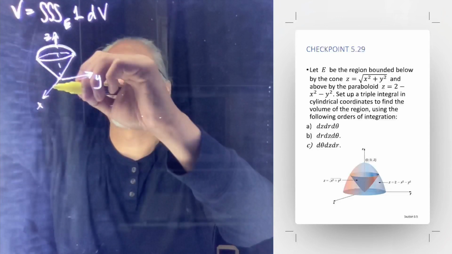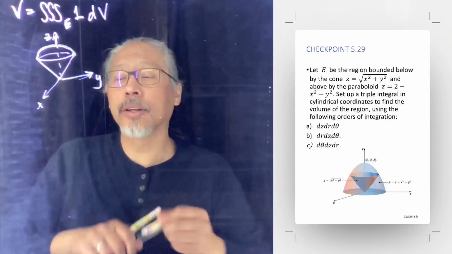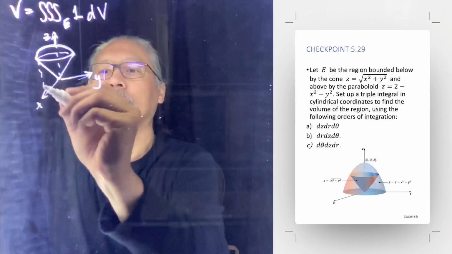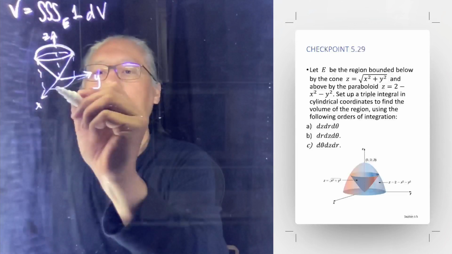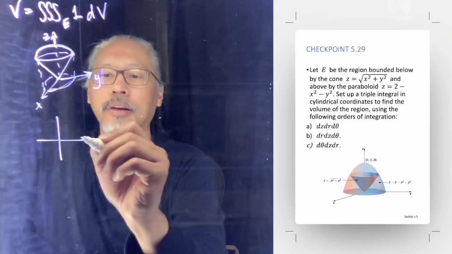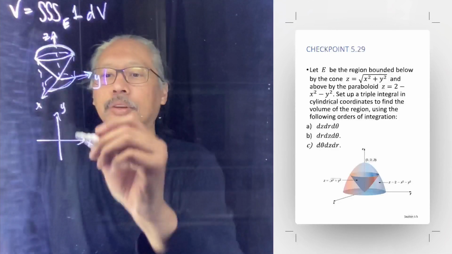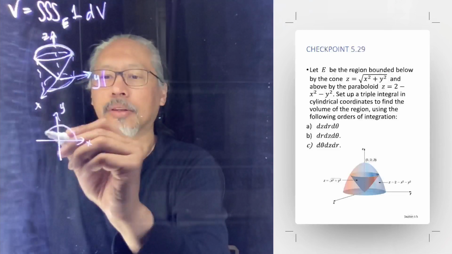All right, and so if we're going to do this with respect to z first, we can draw a line parallel to the z-axis. Before we do that, let us also consider what's happening here on the xy plane, because the xy plane is the shadow that we get, and that's going to be another important part of cylindrical coordinates.